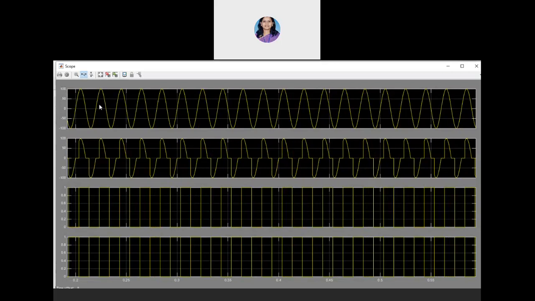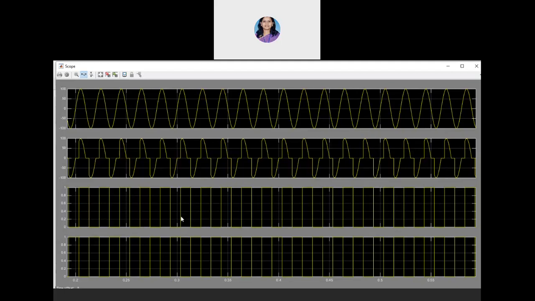In the output waveform, we can see the first is showing the input single phase AC, and the second is the output voltage across the resistance. We are handling it so that the first thyristor is fired in the positive half, and the second thyristor in the negative half. According to the set firing angle, the output is showing. So we are getting a very nice output with the help of the simple MATLAB based model of the single phase AC voltage controller.